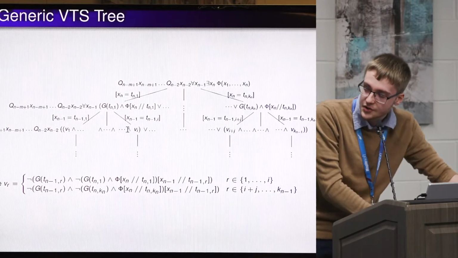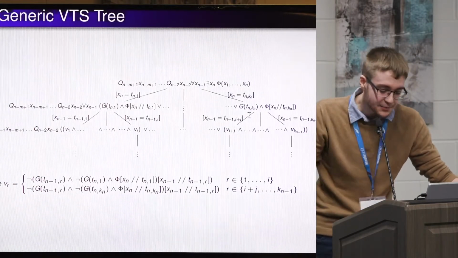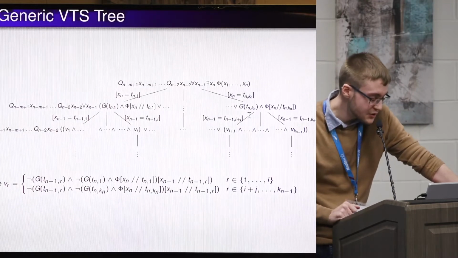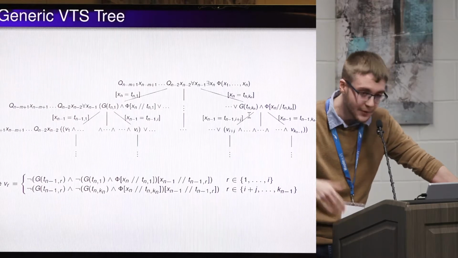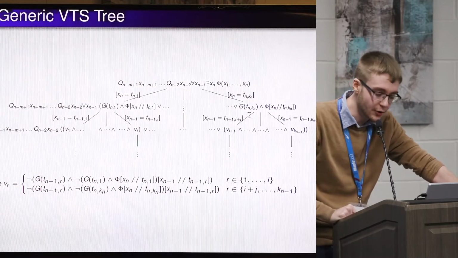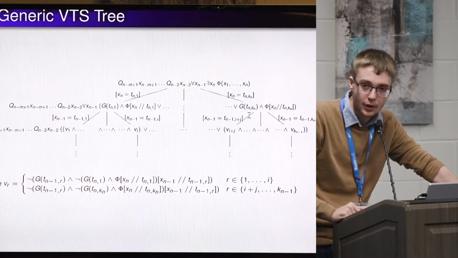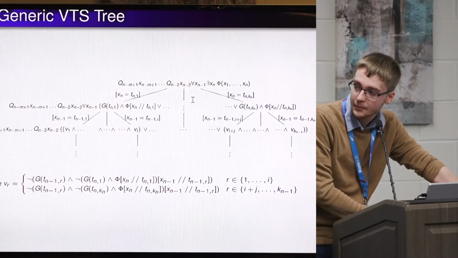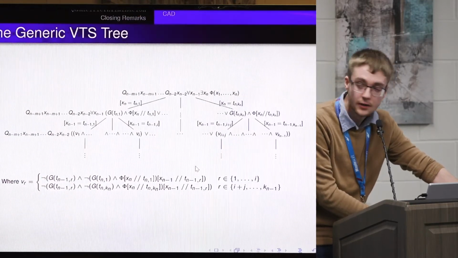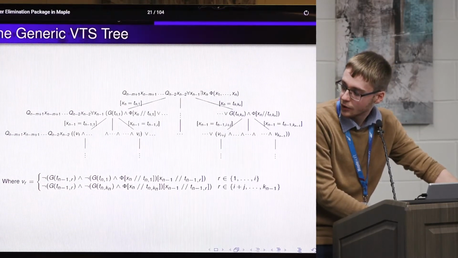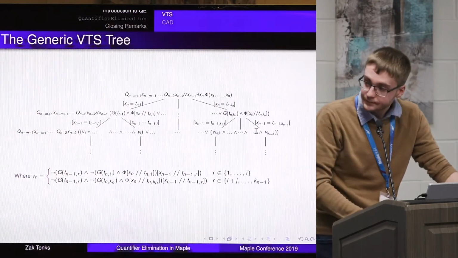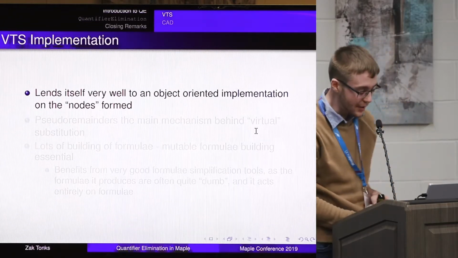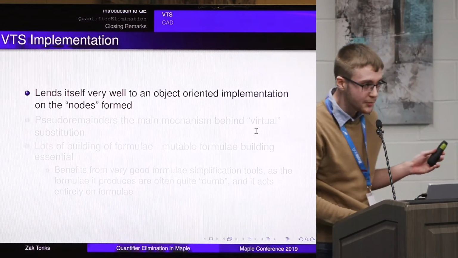So I'm forming here a conjunction within a disjunction, and that's because with VTS and existential quantifiers, you're looking for examples which work, and then for eliminating a universal quantifier, you're looking for valid counterexamples, hence why you have some negation going on down here. So this is a little bit complicated, but either way, the moral of the story is you get a tree structure.